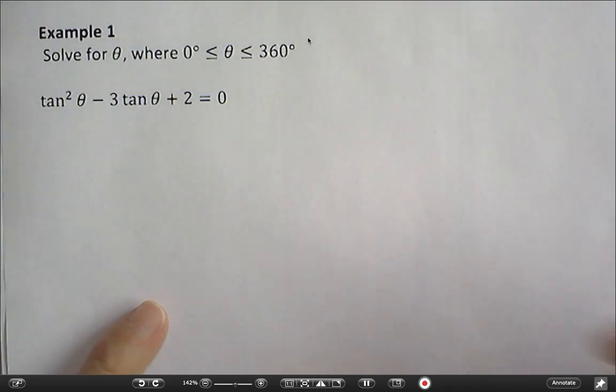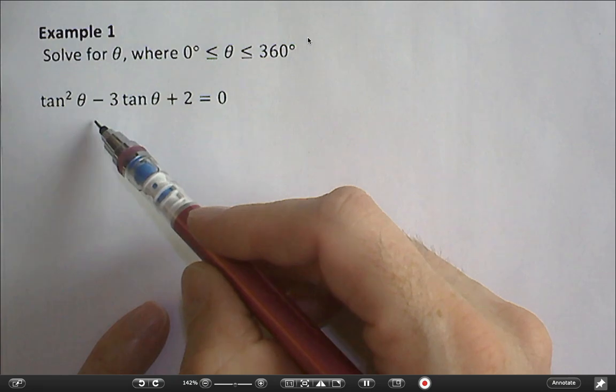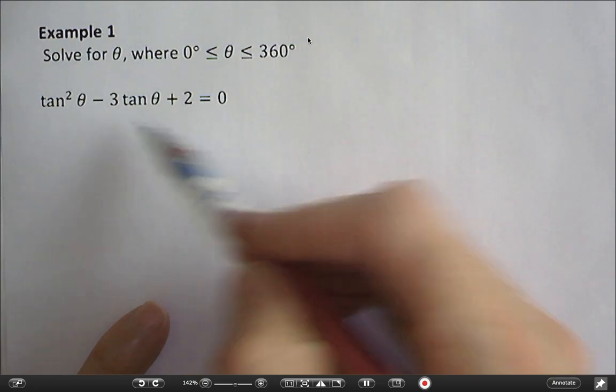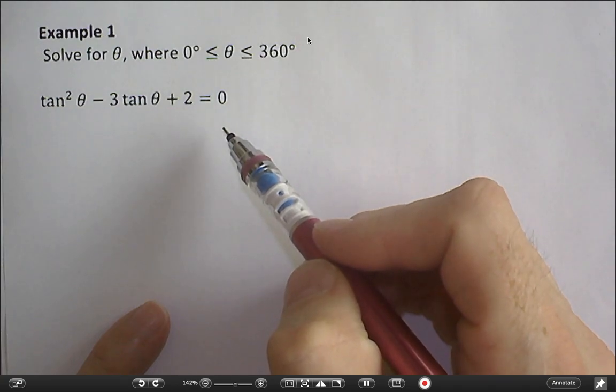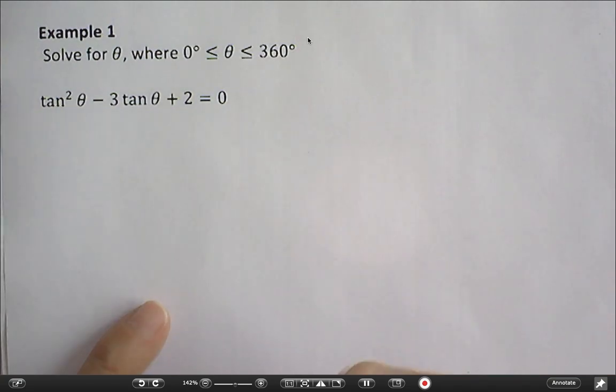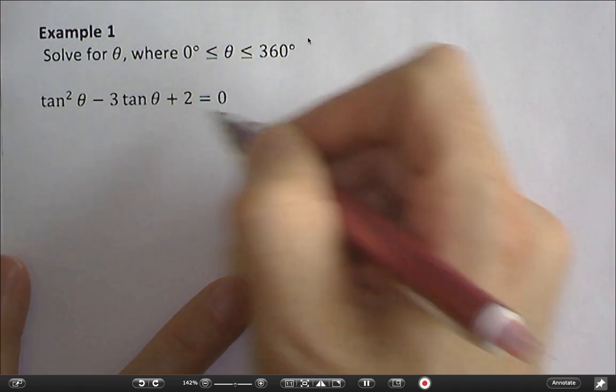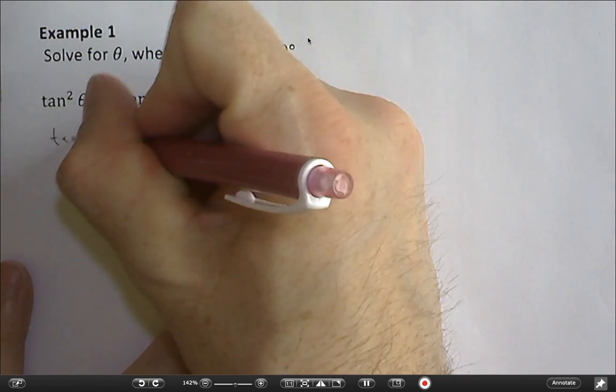I'm going to be factoring this. So when I see tan squared theta minus 3 tan theta plus 2, I'm going to choose to factor it. If you wish, please press pause and factor. Okay, hopefully you pressed pause. I am going to be factoring this.